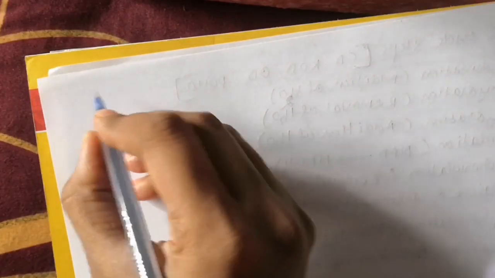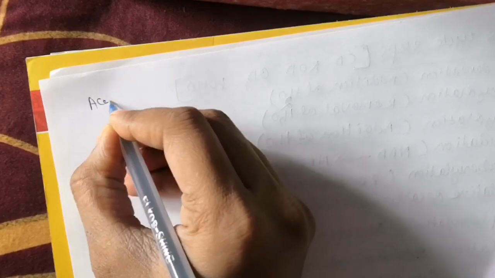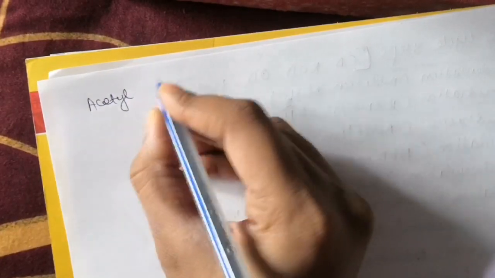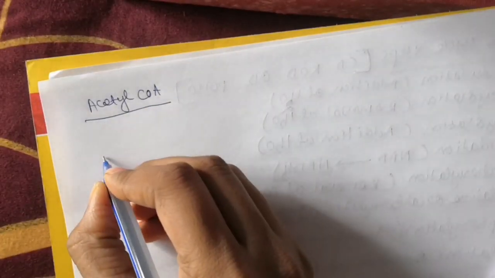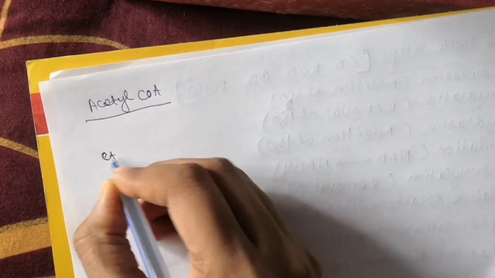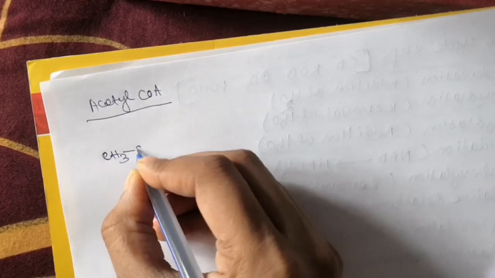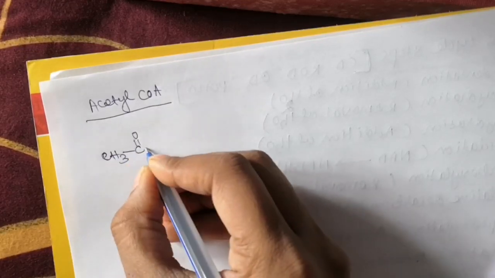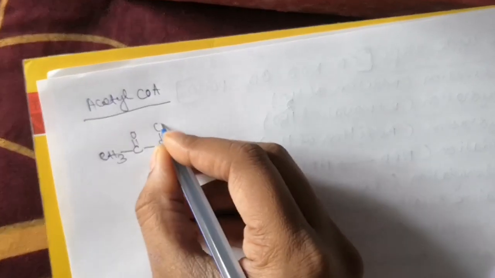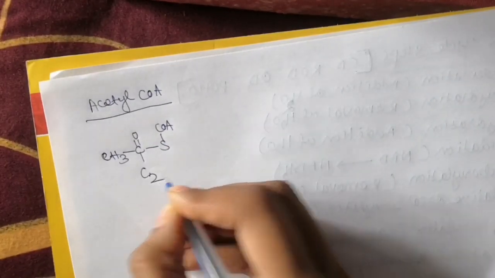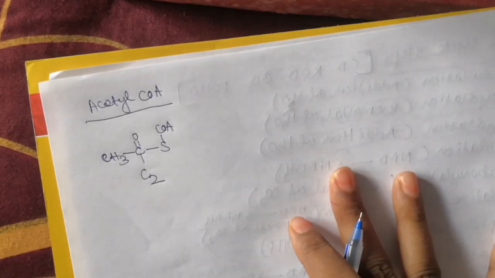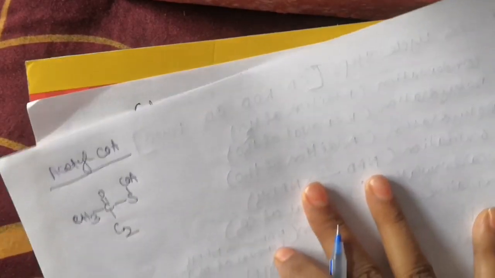The first one is acetyl coenzyme A. The structure is CH3 C double bond O SCoA, C2. This is the structure of acetyl coenzyme A.